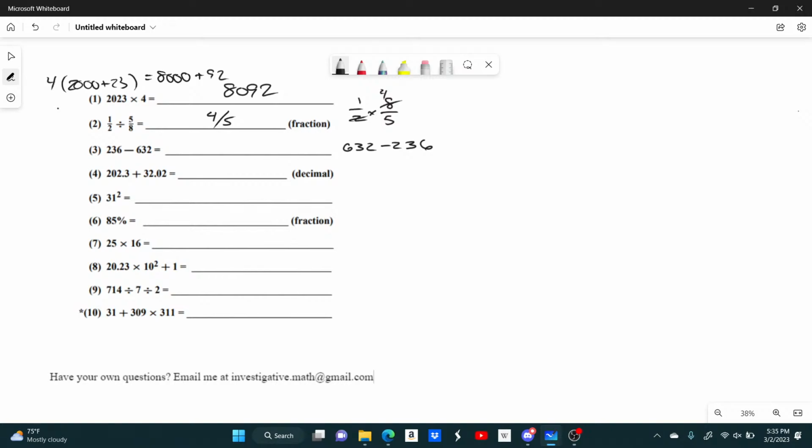First you find the ones place. You can't do 2 minus 6, so you carry to get 12 minus 6, which is 6. And then the middle number is always 9. And then the hundreds place is always 9 minus your ones place. So that's your hundreds place. And since it's negative, we just add this negative sign out front.